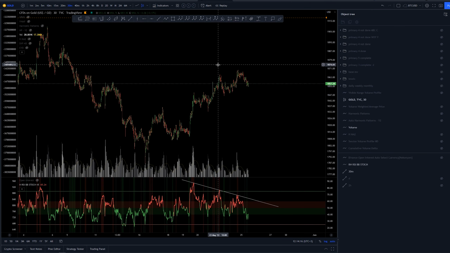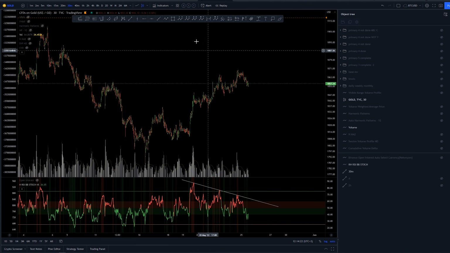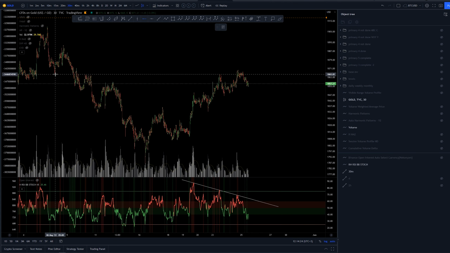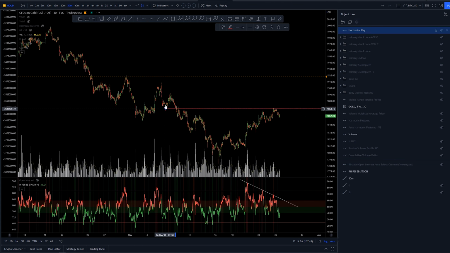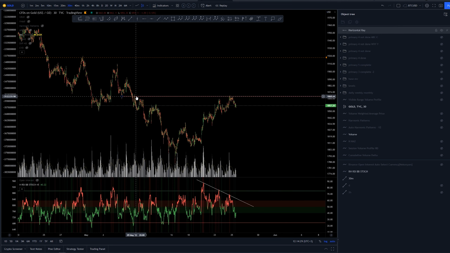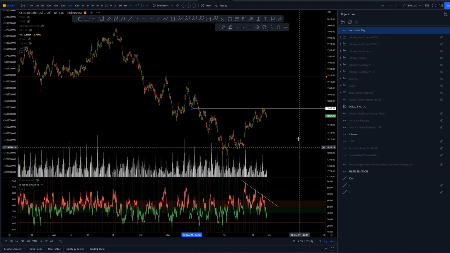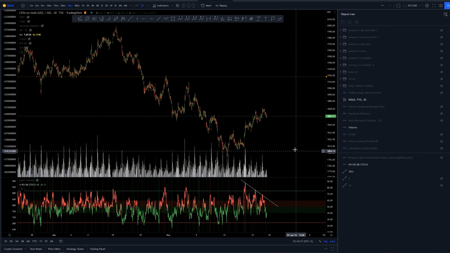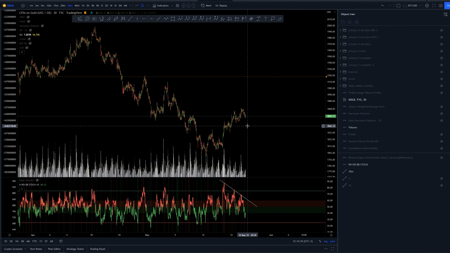On top of that, if we can create a count that supports that idea, plus the structural resistance that we have here from these lows, or this backtest back here, it is definitely telling that something has ended here, and it is really likely that we are coming down a bit further now.